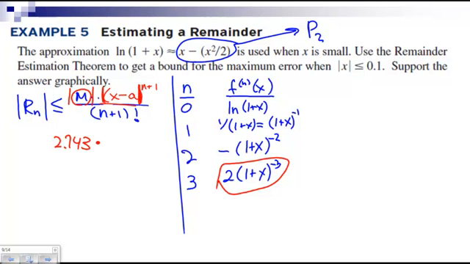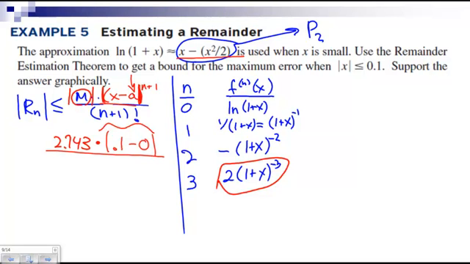Okay, so what is a? A is the center of our series, and in this case it's 0. What is x? X is the largest value in the interval of our interest, as large as possible, so it's 0.1.